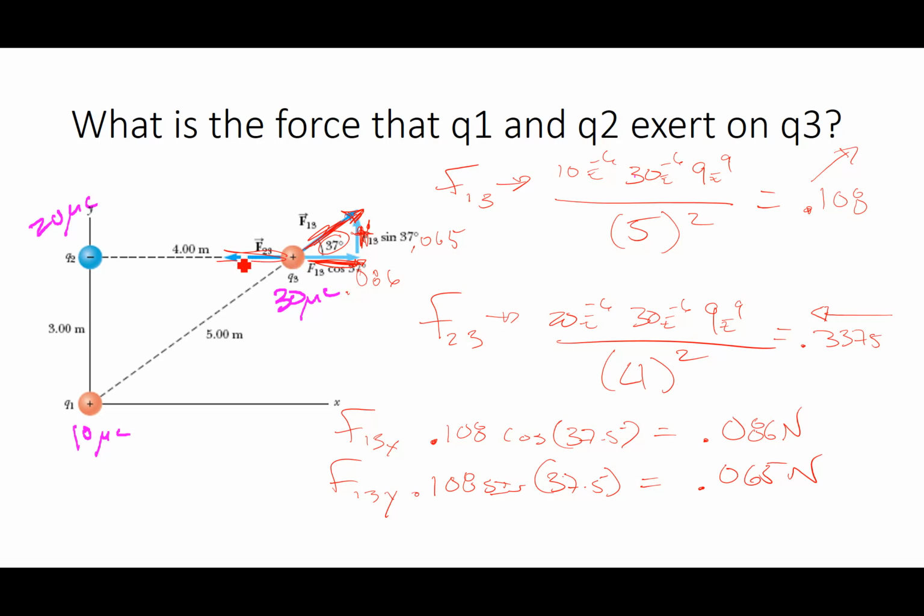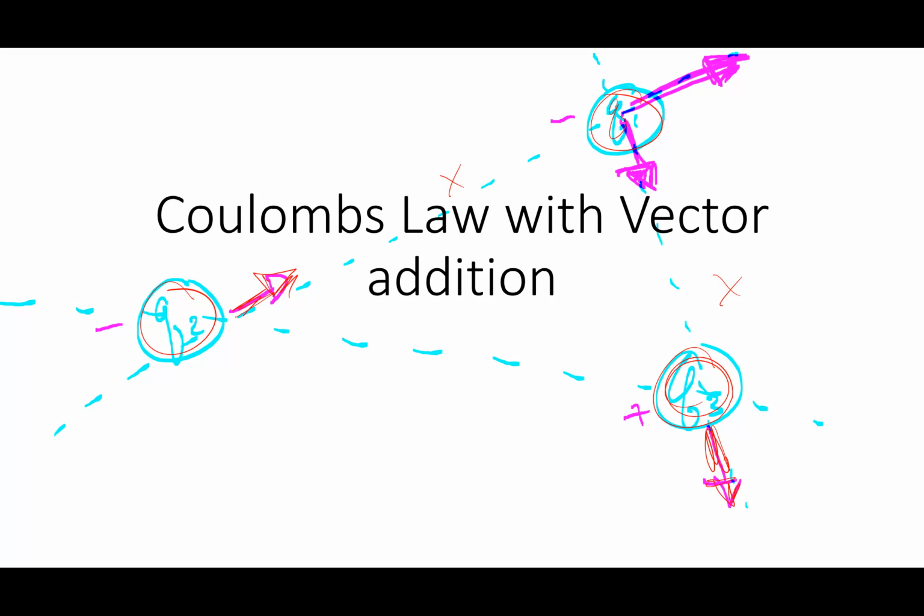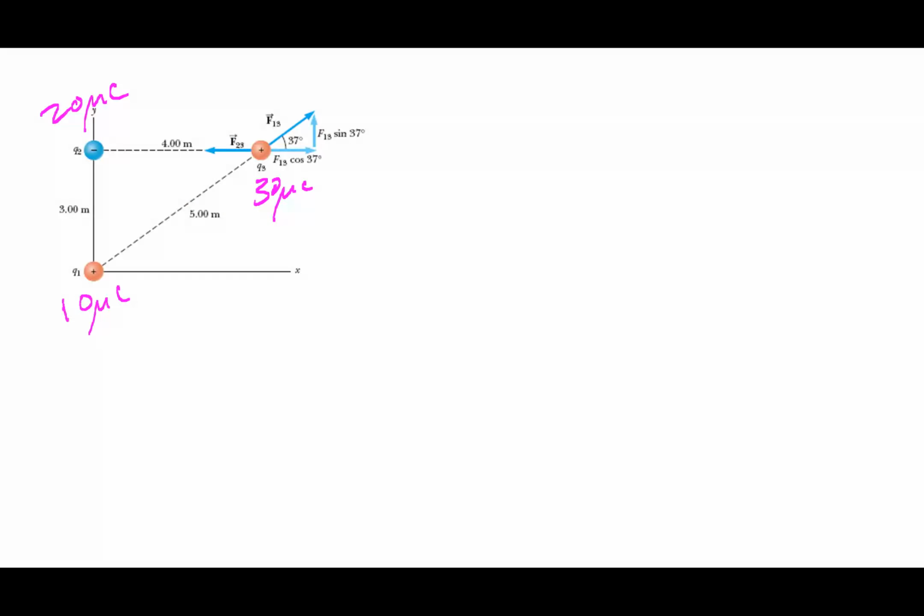So here, this value is 0.065, and this value is 0.086, and this value we found to be 0.3375. So I have all three of my vectors. Since this guy and this guy are going in opposite directions, I'm going to subtract them. So when I look back over here, we said this force was 0.086.